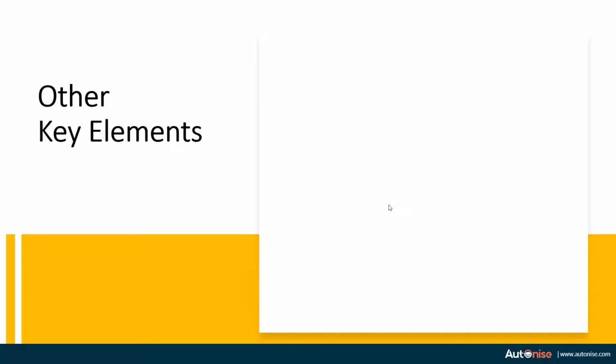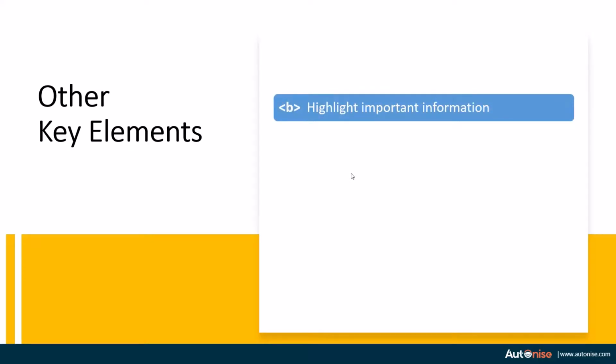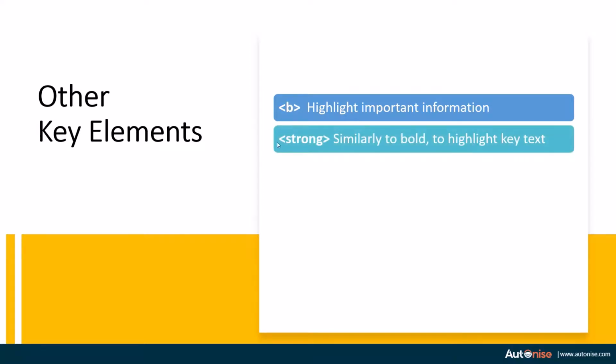So now that we have had a look at the heading tag and the paragraph tag, let's have a look at other key elements. The first one is the B tag, which highlights important information. Over here, B stands for bold. Next, there is the strong tag. It is very similar to bold and is used to highlight key text. The only major importance is that a browser can decide, let's say in the future, to distinguish between B and strong.